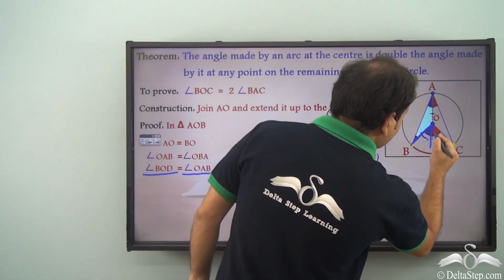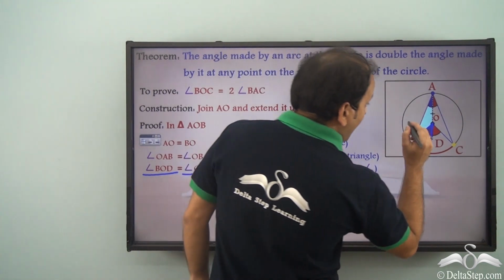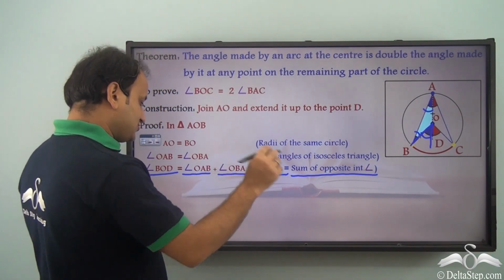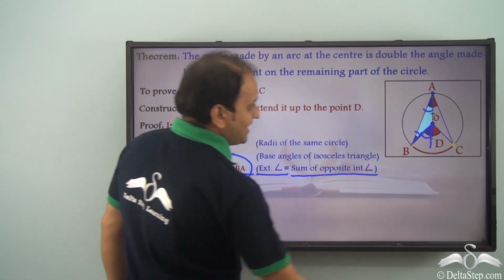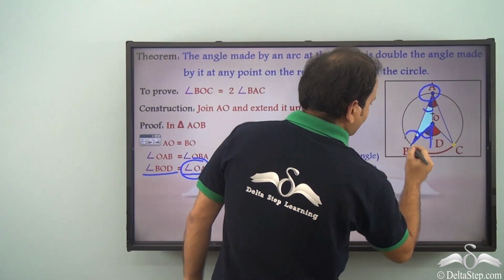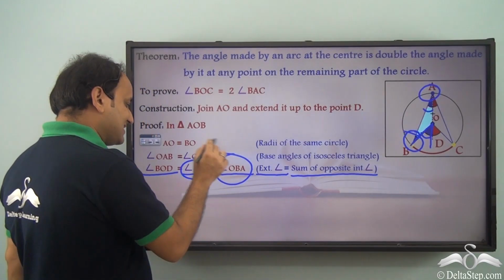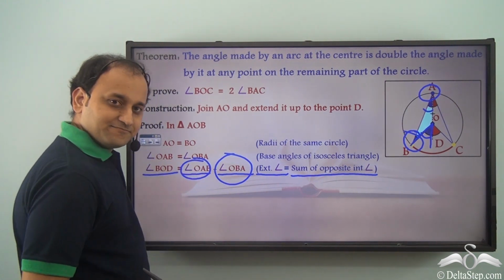So this is an external angle, and it will be equal to the sum of the opposite interior angles, angle OAB and angle OBA, which are opposite interior angles, and their sum will be equal to the exterior angle, angle BOD.